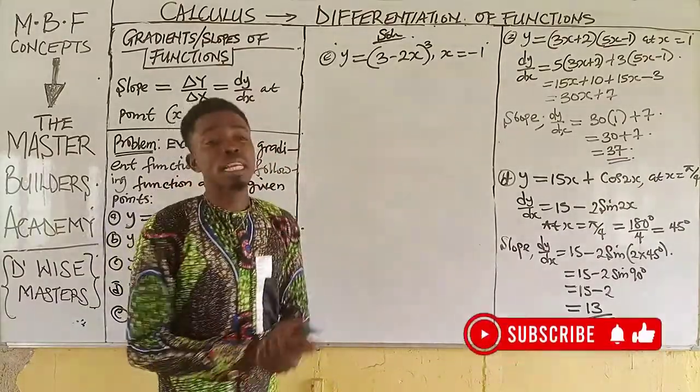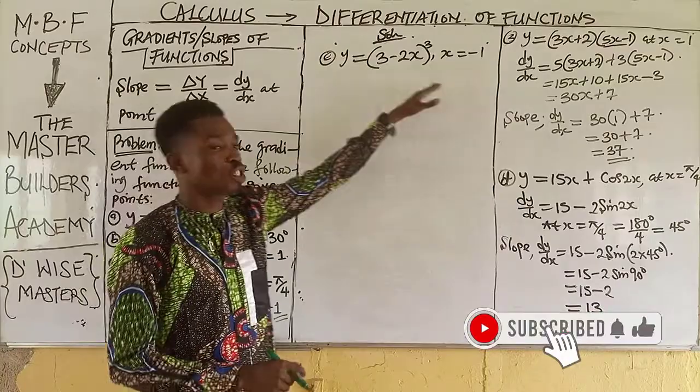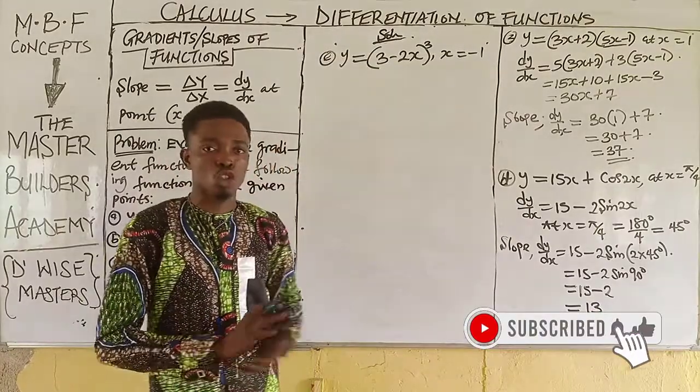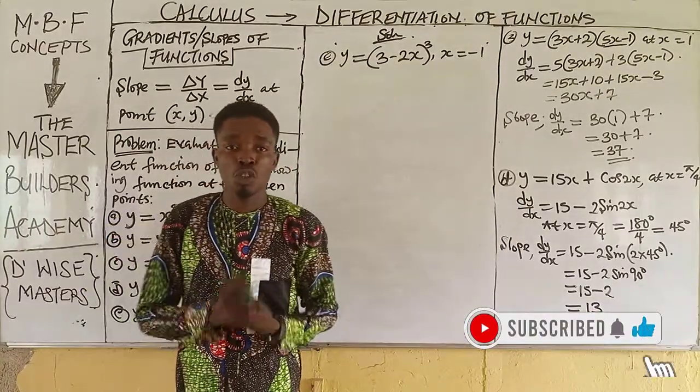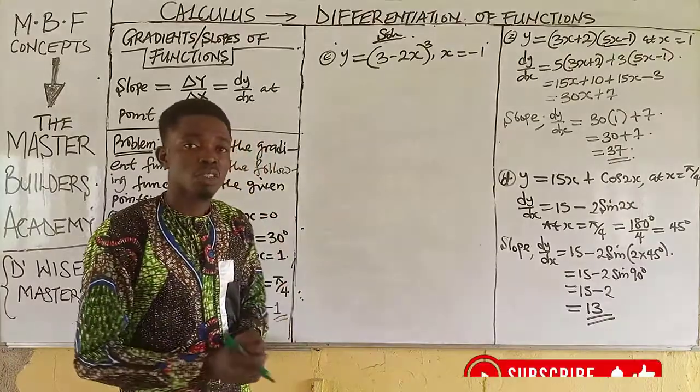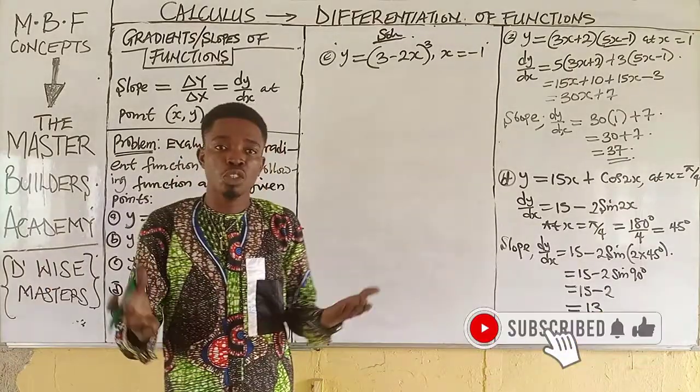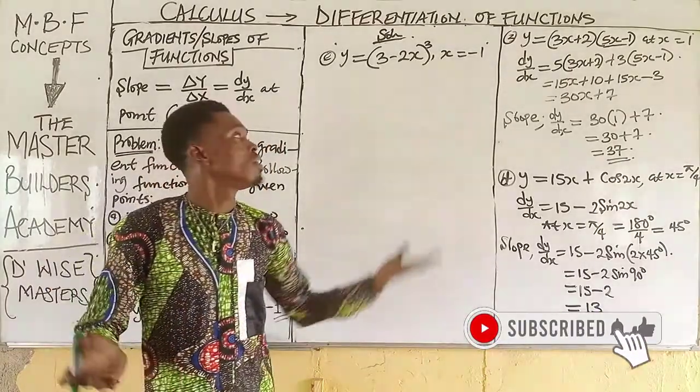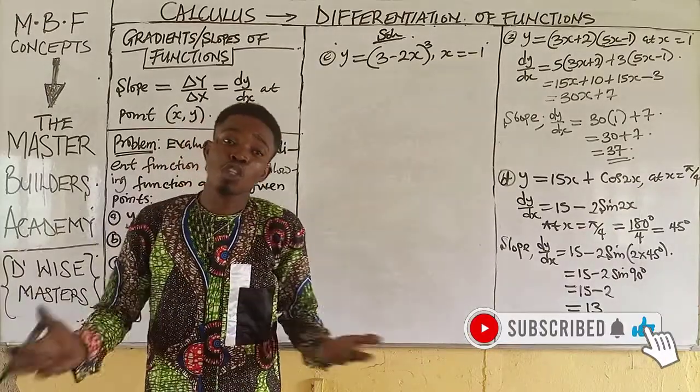This is very simple. The same way, the first thing you do is to identify the type of function you are given. Is it function of a function, product function, quotient function, logarithmic function, or implicit functions? Here we have function of a function.